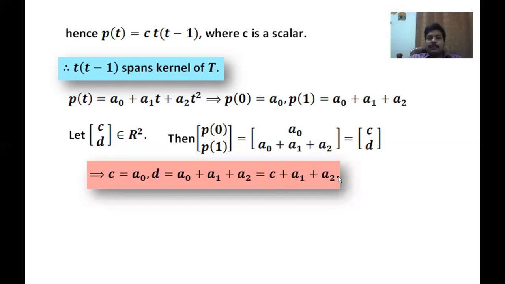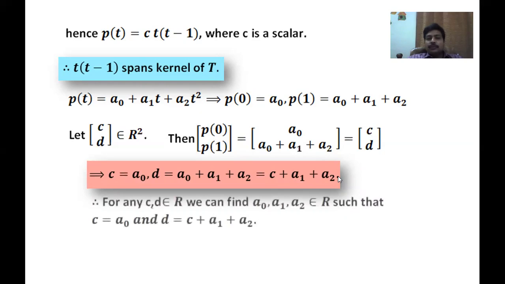So C plus A1 plus A2. So for any CD belonging to R, we can find A0, A1, A2 belonging to R such that C is equal to A0 and D is equal to C plus A1 plus A2.